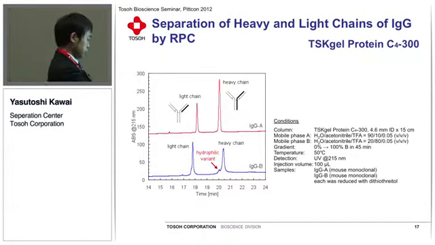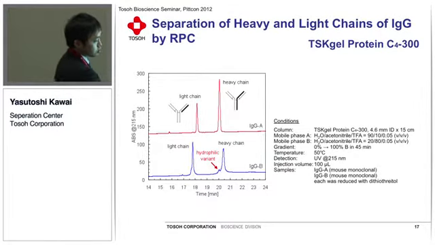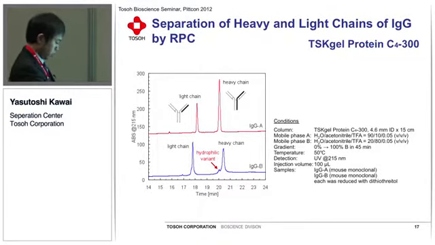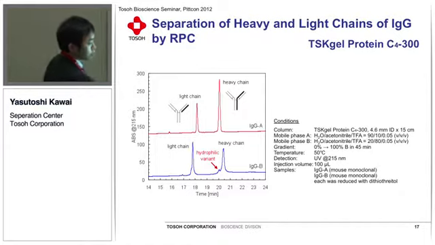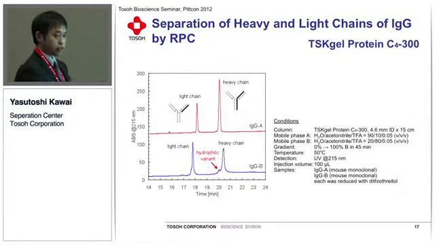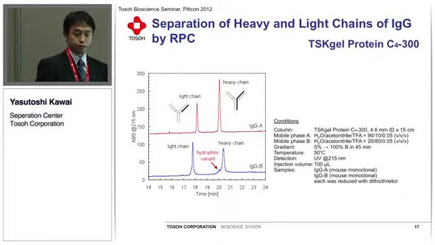Here you see small differences in hydrophobicity between IgG A and IgG B. In addition, two chains of IgG B were eluted as a broad peak with shoulder, indicating that IgG B was heterogeneous, containing a hydrophilic variant.